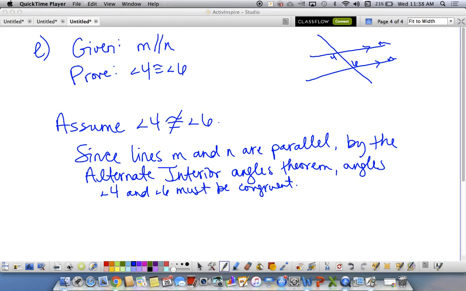So I still need you to tell me a little bit about it. So step 1, step 2, I think we've pretty much said, hey, this contradicts something we already know. We use the given stuff. There's a theorem that says they're congruent. Last step says, this contradicts our assumption.